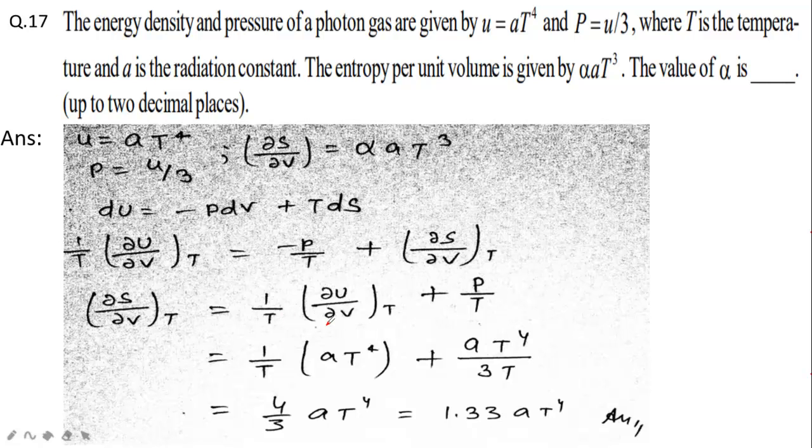Just put the value of dU over dV and P from the question, and you get del S over del V, which is entropy per unit volume. So the value we get is 1.3384. So this is the value of alpha, 1.33. Yeah, here we go.